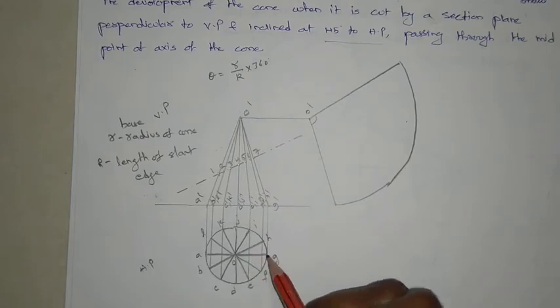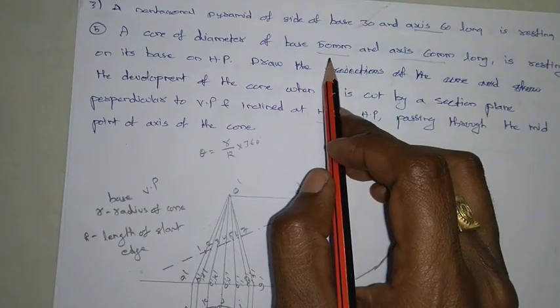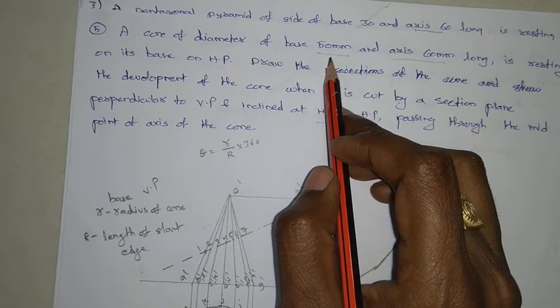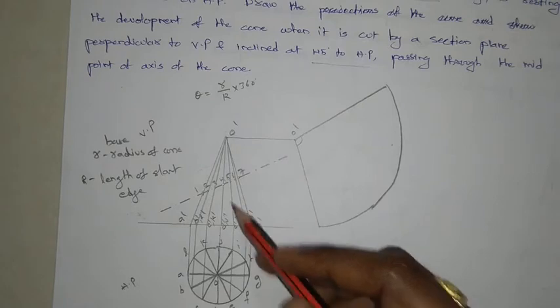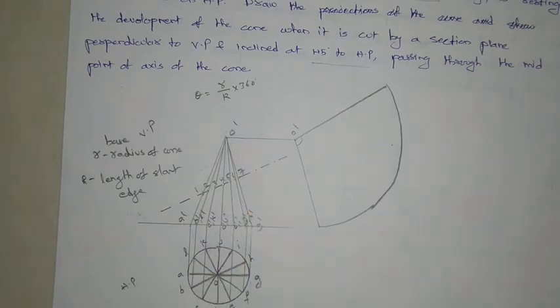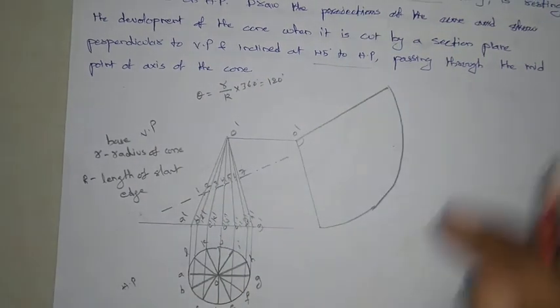So this small r you can get because base diameter is given in the question as 50 mm. So small r will be 25, and capital R you have to measure after drawing this diagram. Now you will get theta some value. For example, theta you got as 120 degrees, let us assume.